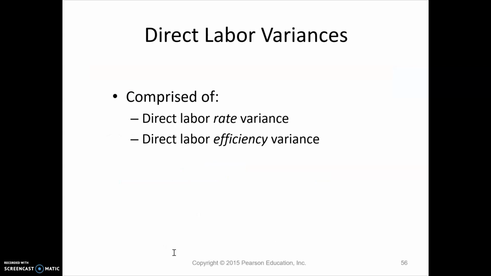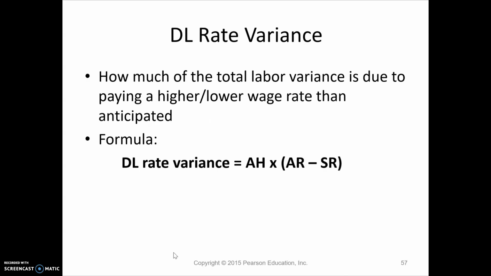Well, we can break this down. Part of the variance is due to us paying a different rate than the standard. Part of it is our workers used a different number of hours than the standard. So to calculate the rate variance, how much of the direct labor variance is due to us paying a different rate to our direct labor workers?